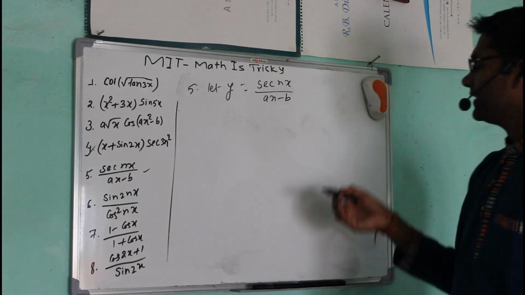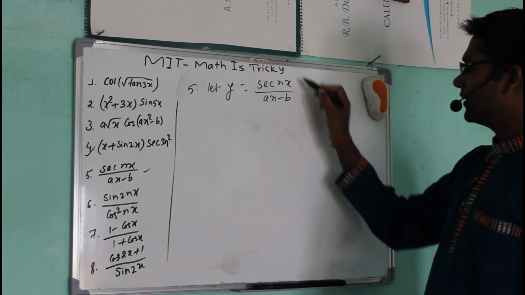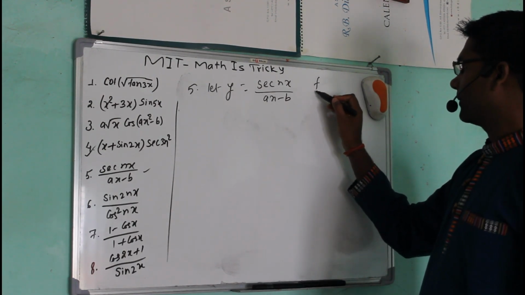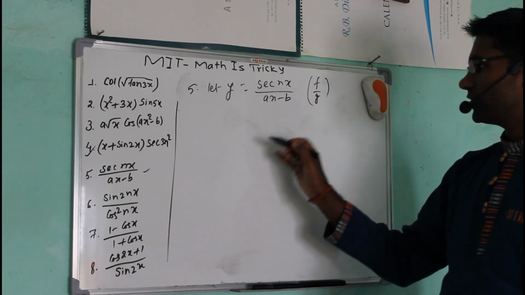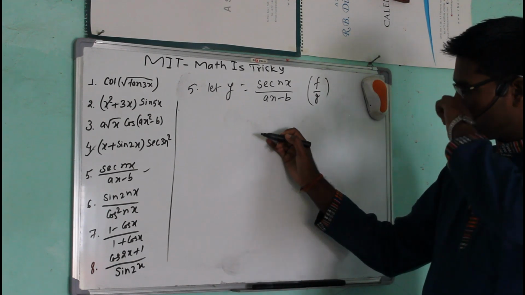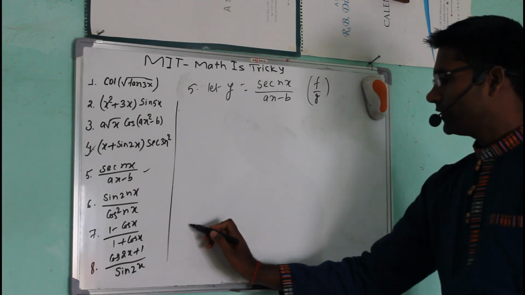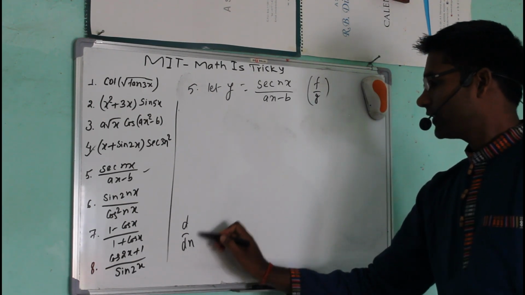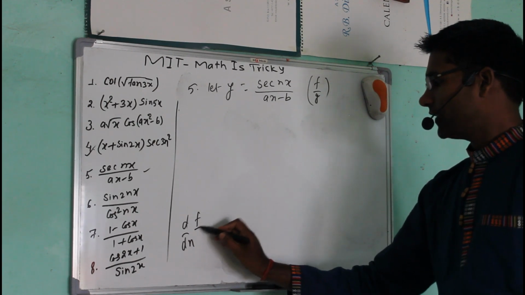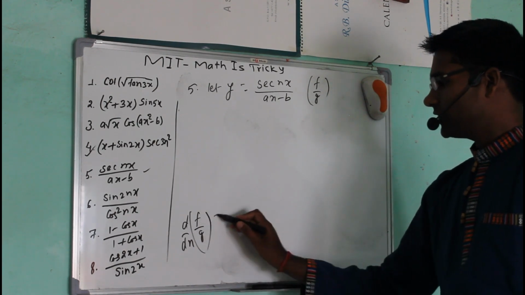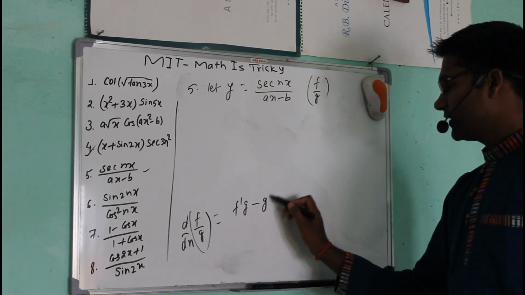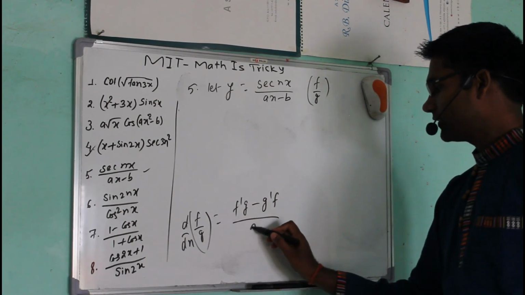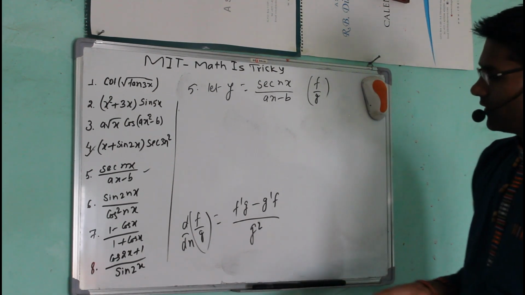We can see the given function is in the form of f by g. That means we are going to use the quotient rule here. So the rule is: derivative of f by g, by quotient rule, is simply f dash g minus g dash f by g square. This is the formula I'm going to use.